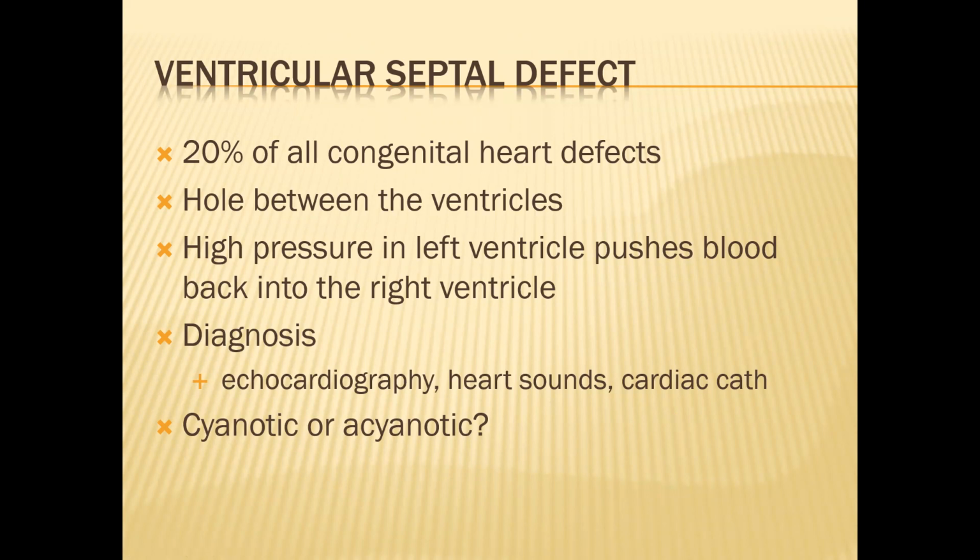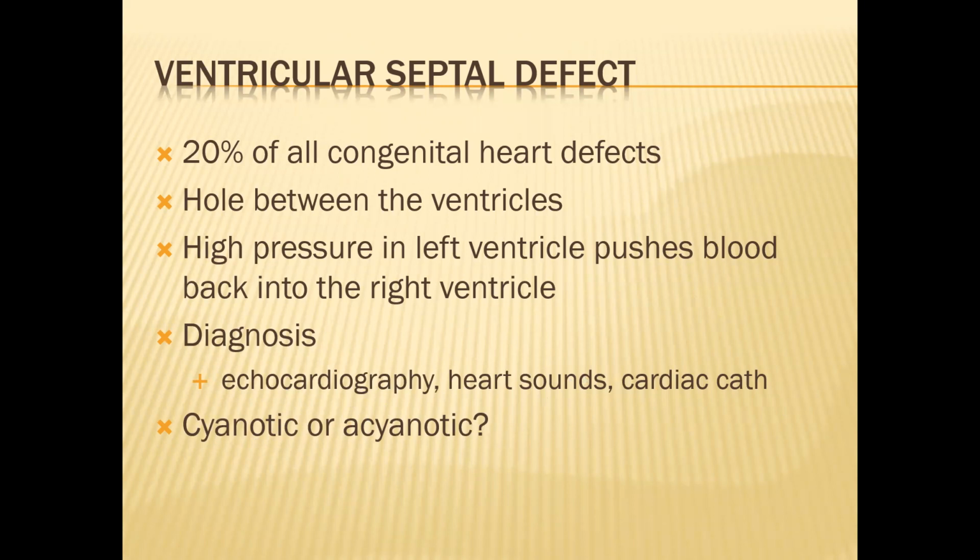So when the heart contracts, the high pressure in the left ventricle is going to push blood over to the right ventricle. It's diagnosed using ultrasound or echocardiography. You're going to hear different heart sounds as the blood goes through the opening into the right ventricle. It can also be picked up during cardiac catheterization.